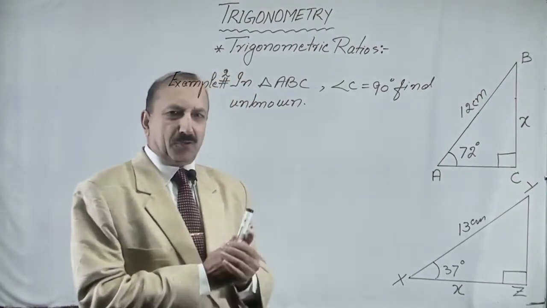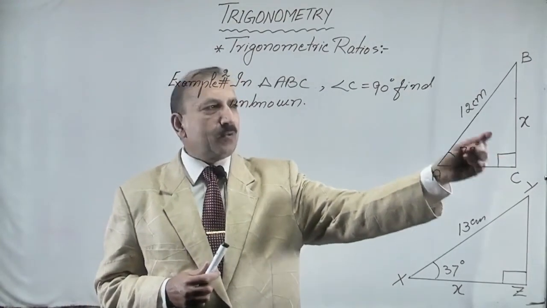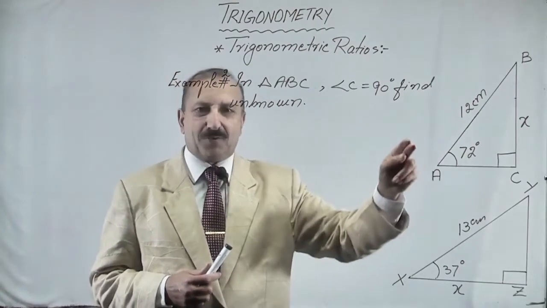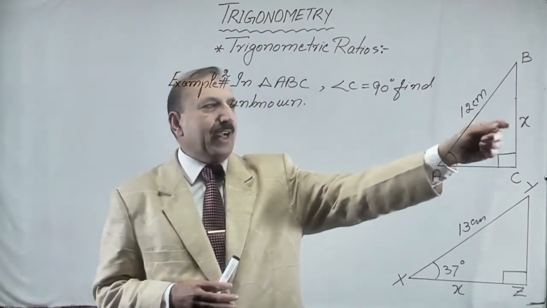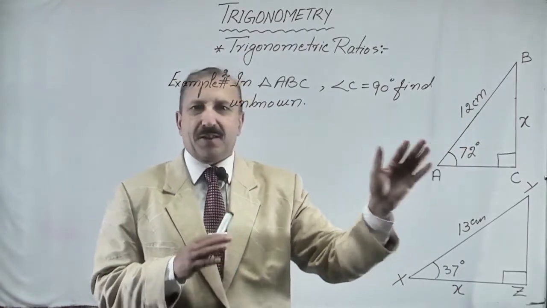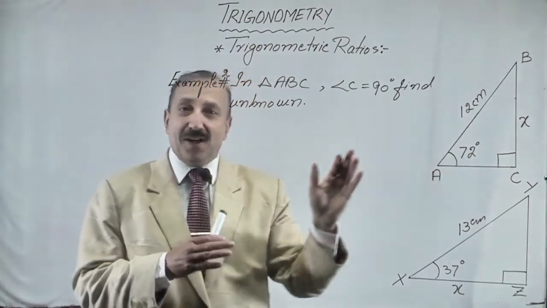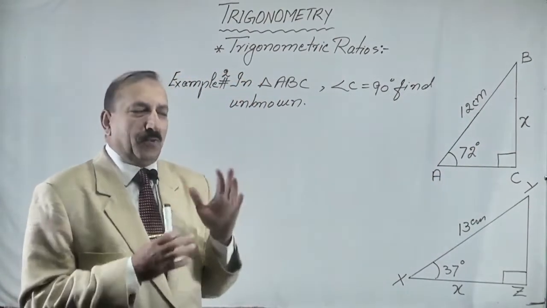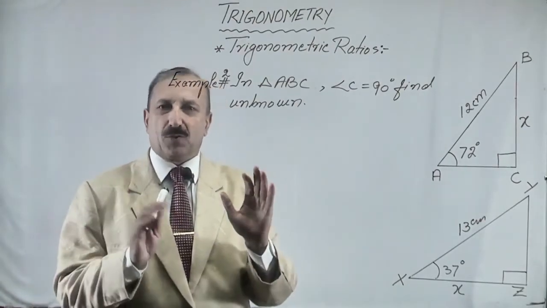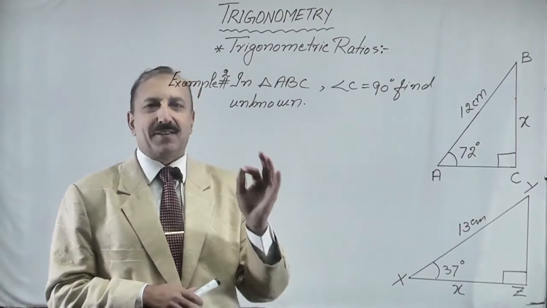If you look at this triangle, the side opposite to the 90-degree angle is the longest one, that is called the hypotenuse. This value is given as 12 centimeter, and the angle given is 72. According to this angle, X is on the opposite side. So first of all, whenever you have a question, we need to analyze what sides are given.